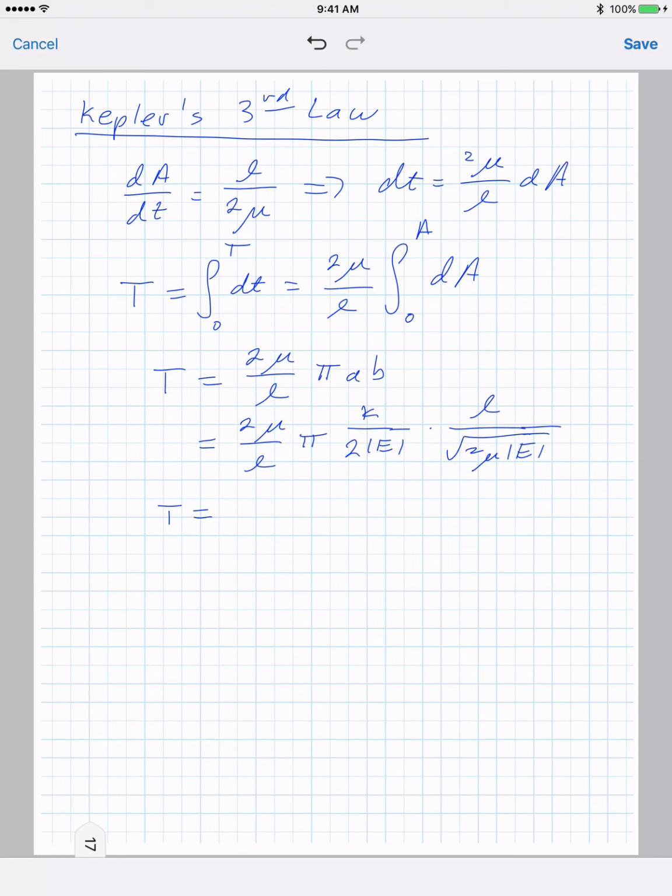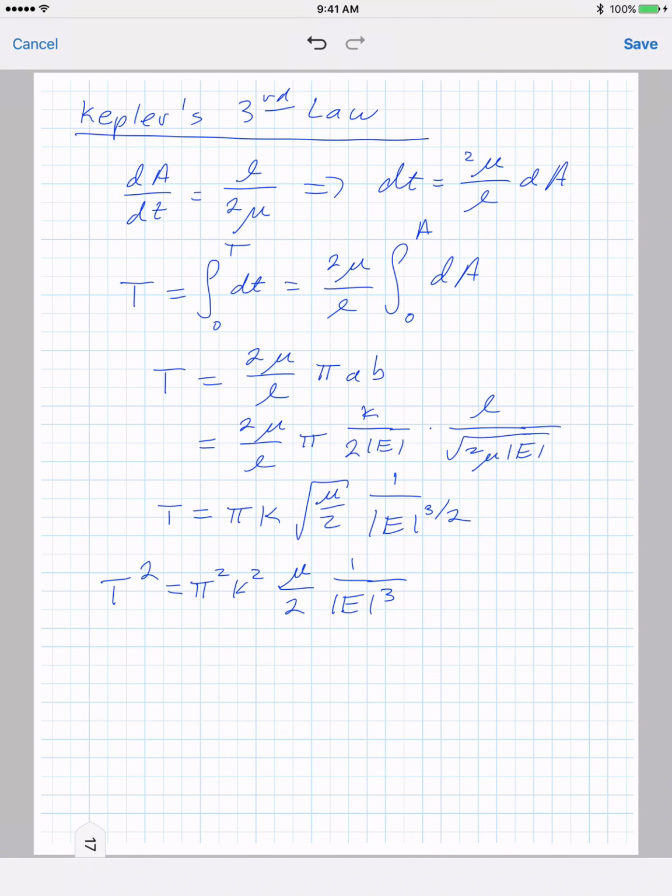I get that the period of the orbit is equal to pi k square root of mu over 2, and then I have 1 over E to the 3/2. That's a little bit ugly, so let me square both sides, and what I get is that T squared is equal to pi squared k squared mu over 2, and then 1 over E cubed.